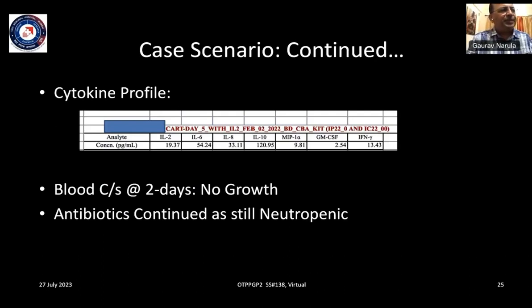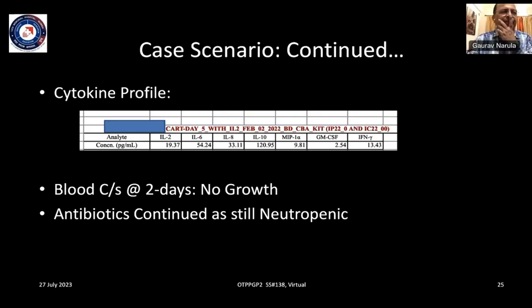So we send a cytokine panel, and in the cytokine panel, do we find anything? Anybody notice anything? The level of interleukin-6 is increased. Good. Any others? Yes, very good. IL-6 is definitely increased.